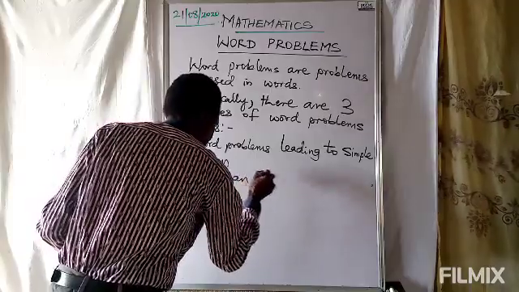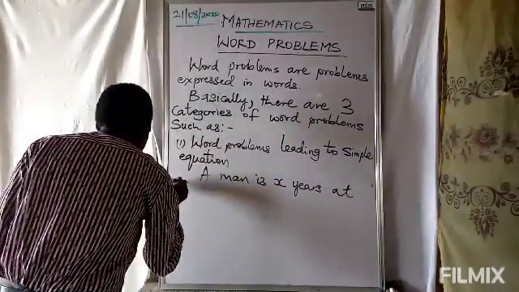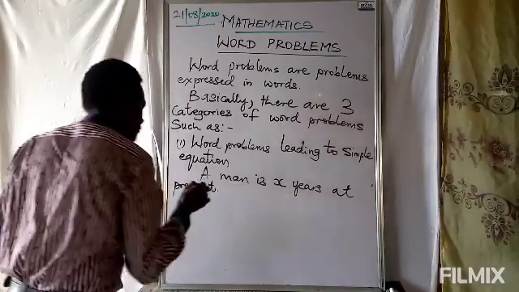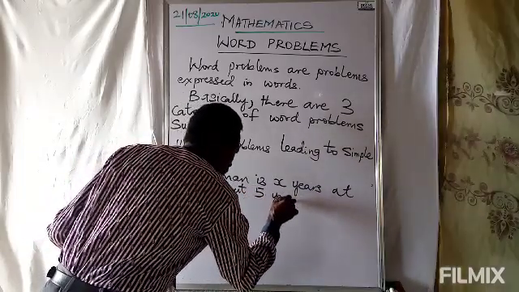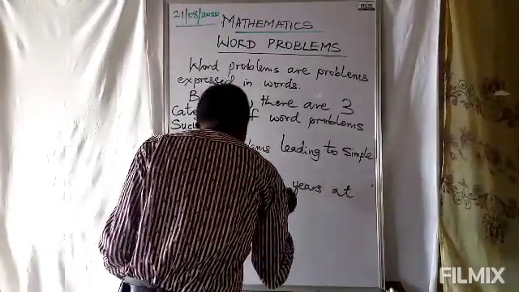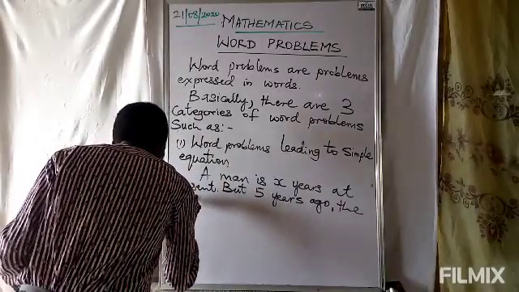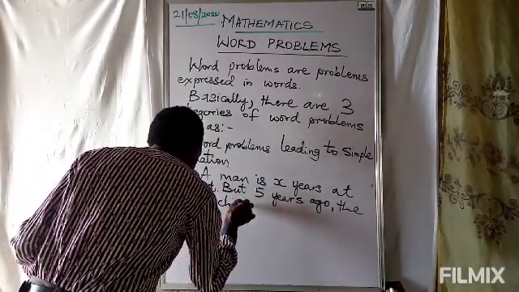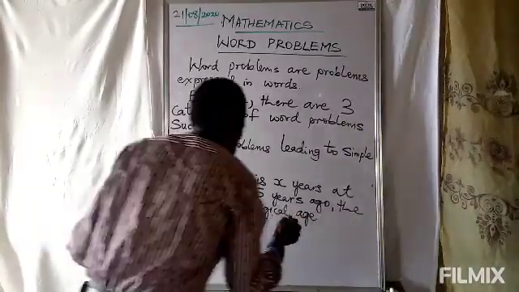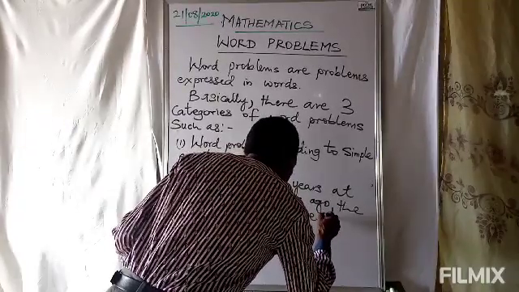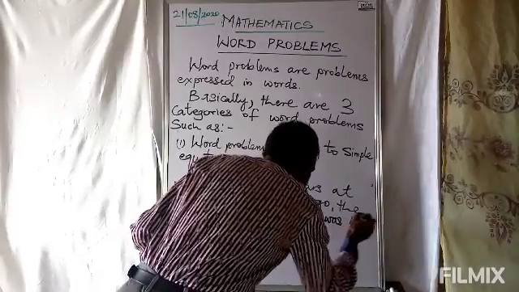A man is S years at present. But 5 years ago, the man's chronological age was 40 years.